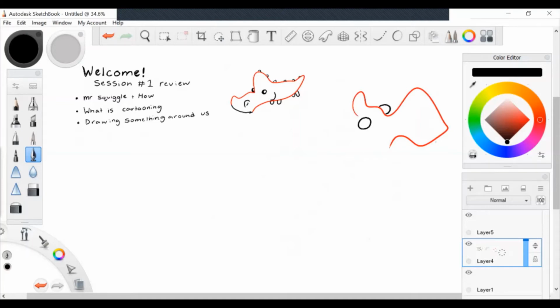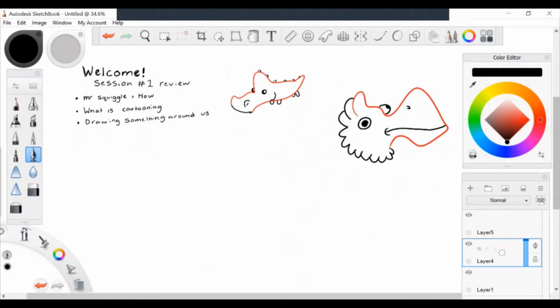I like drawing my animals and different crazy things, so this one might be a bird, I reckon. Perhaps. Yeah, looks a bit like a bird. Oh yeah, he's got some big crazy eyes, ruffled feathers.